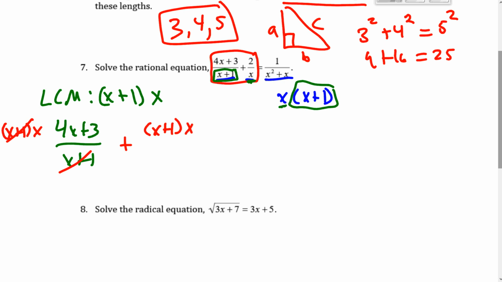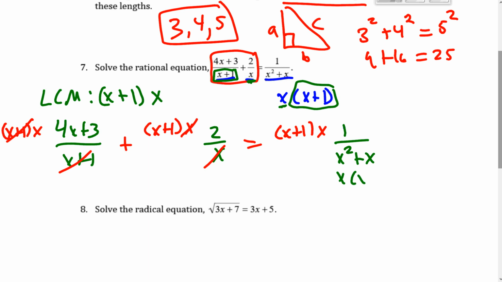So I have to multiply each term. Here the x's would cancel out, so that denominator is now gone. And then finally, the right side of the equation. Now this, we factor that, right? That factors 2x times x plus 1, so the whole thing is going to cancel.